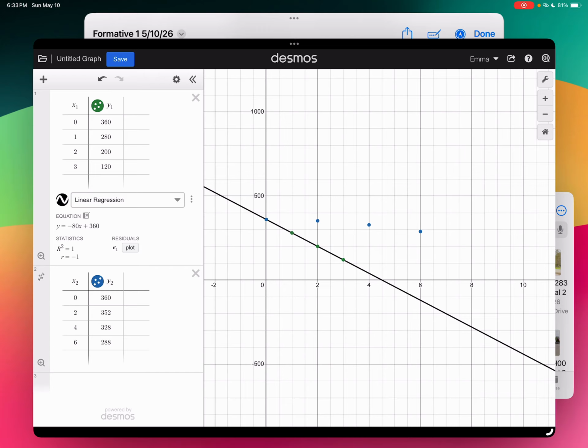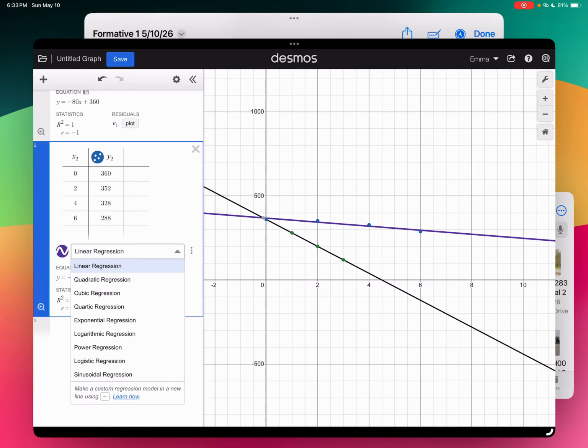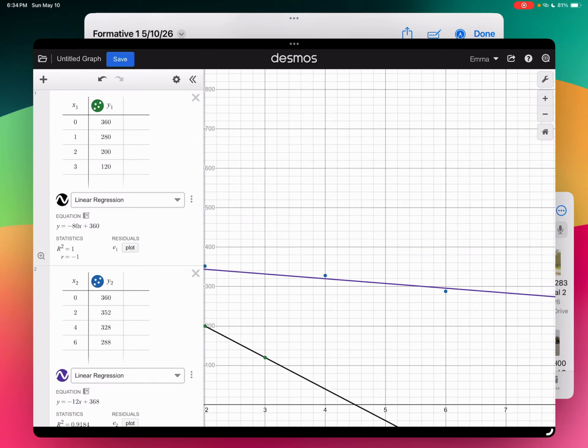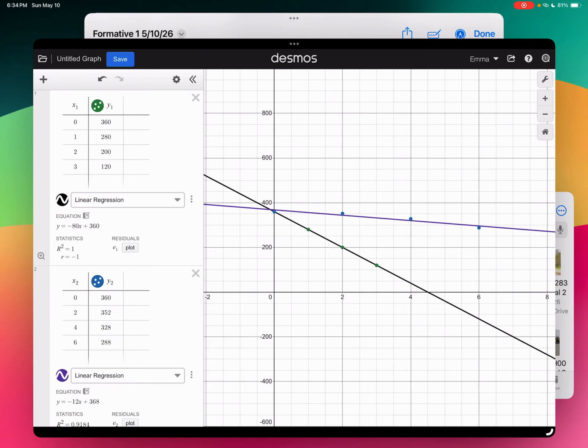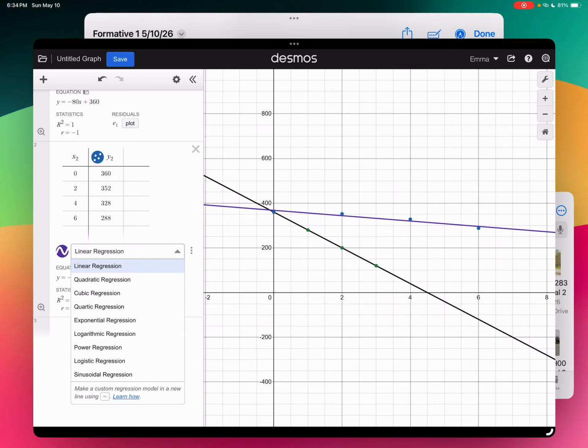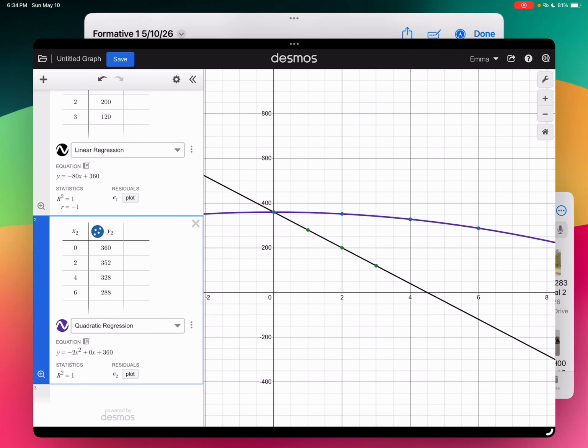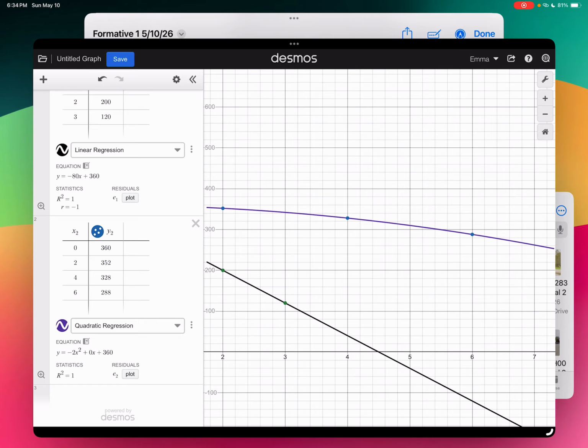We can see it looks more like a parabola shape than exponential, but you can always double check. If I do linear, you can see it's not quite on the line. If I chose quadratic, you can see how it follows along with the arch.